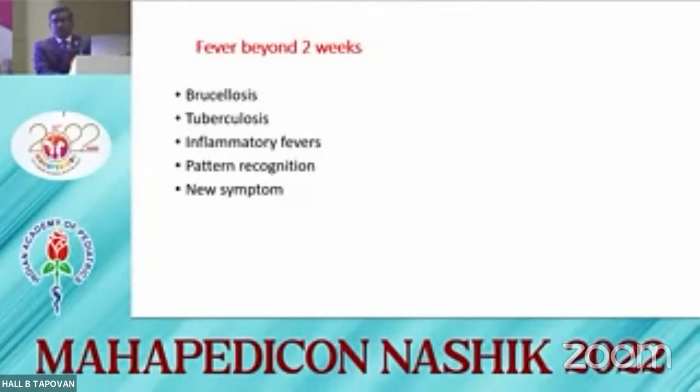And the most important teaching in fever beyond 2 weeks: whenever there is such a history, go and sit with the patient again and ask what the course of the fever was in the first 4 days. This initial 4-day picture will definitely tell you, and whether there are any new symptoms in the fever. The presence of new symptoms or localization occurring after that will probably narrow down your investigations.